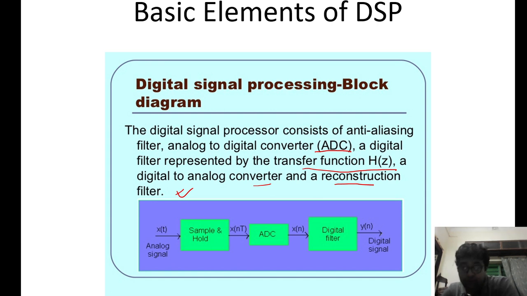A filter basically is a device which is used to filter out specific frequencies. Suppose we have a device which allows signals which have a frequency up to 50 hertz.